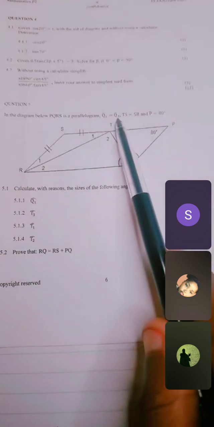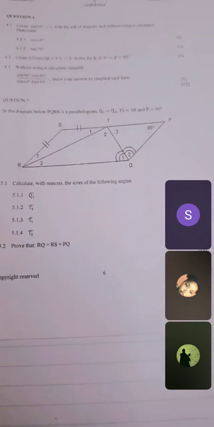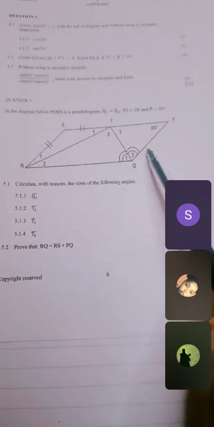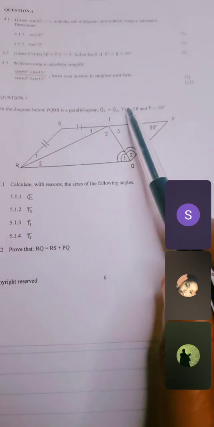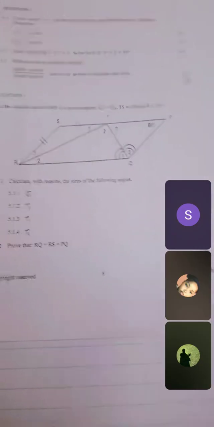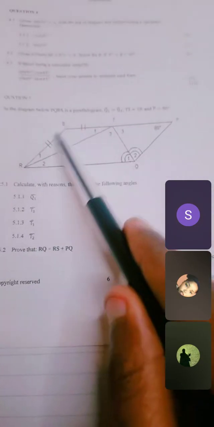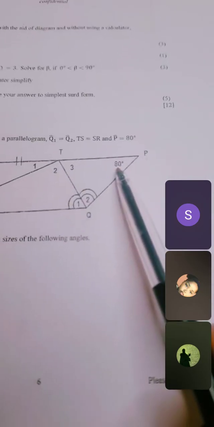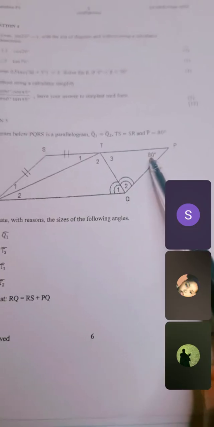And we are told that angle Q1 is equal to angle Q2. There's Q1, there's Q2, both angles are equal. Then they say TS is equal to SR. And then angle P is equal to 80.